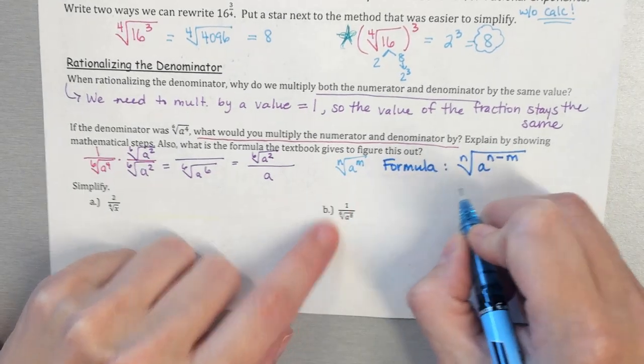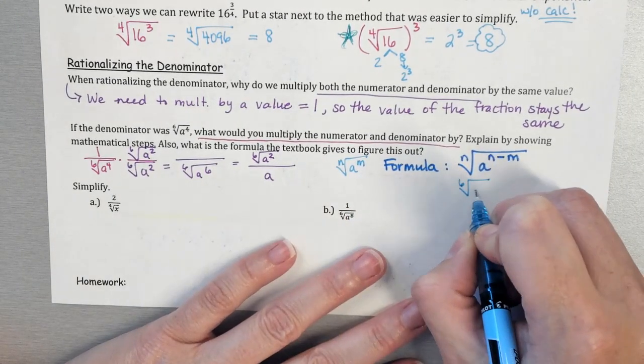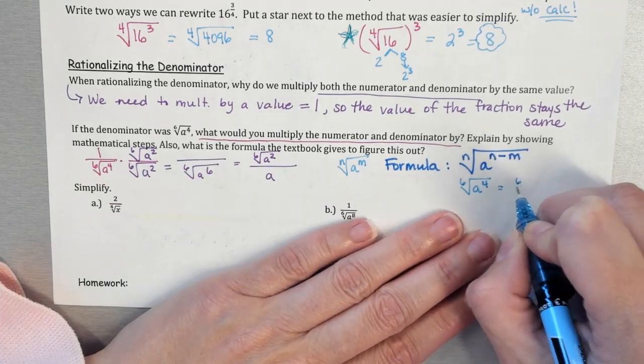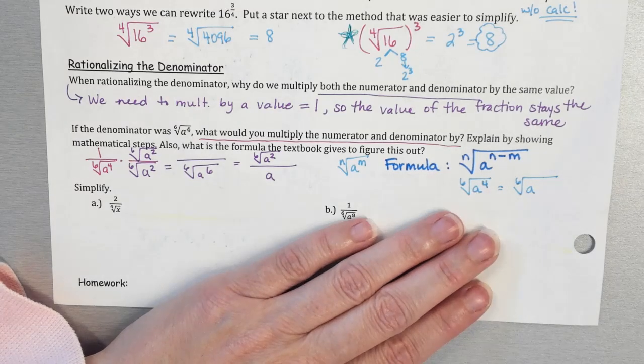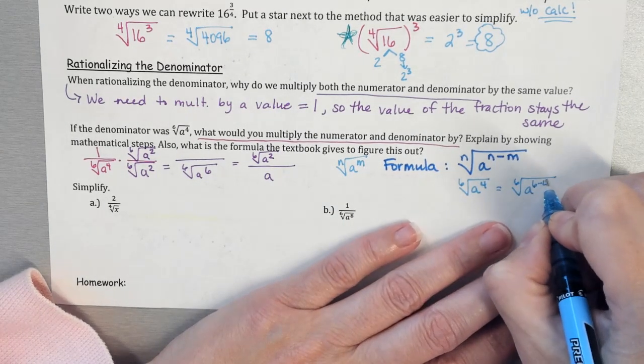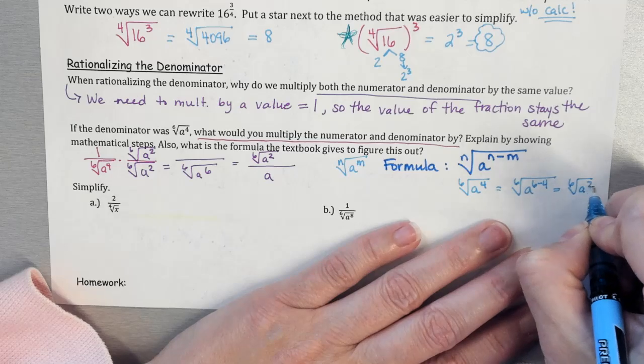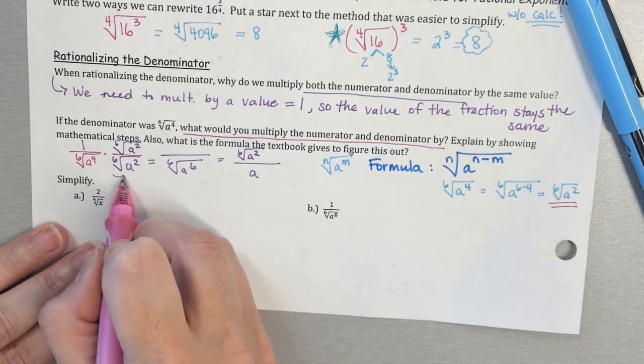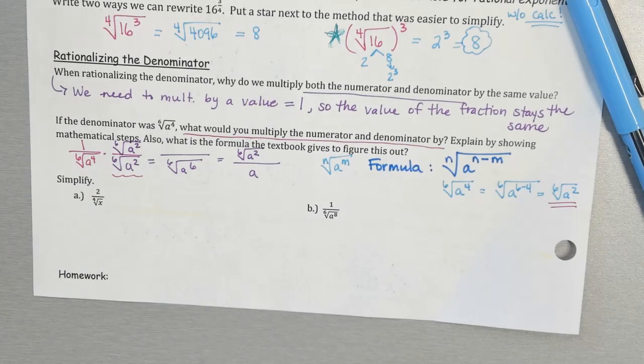So you'd have the 6th root of a to the 4th, which is what I asked you about. So it'd be the 6th root of a to the 6 minus 4. And this is what you'd multiply by. See how this is what we put here? This is how you can figure out what to multiply by. So you always just subtract. 6 minus 4 is 2, so I'm going to multiply by a squared. Same radical.